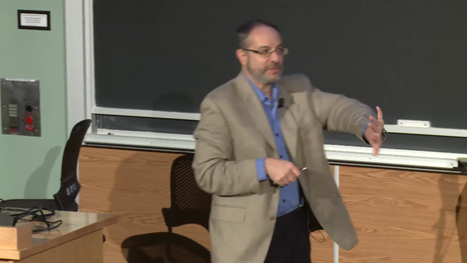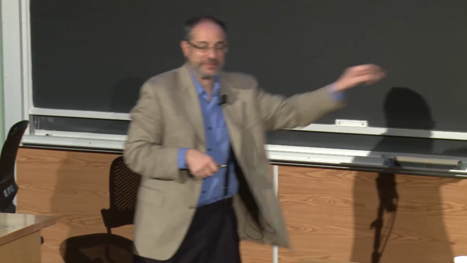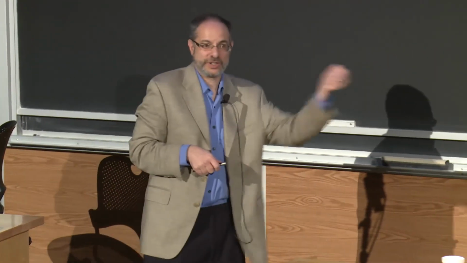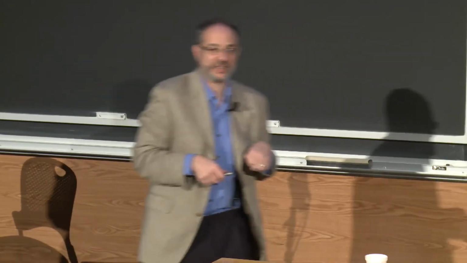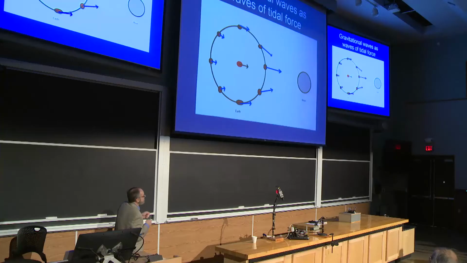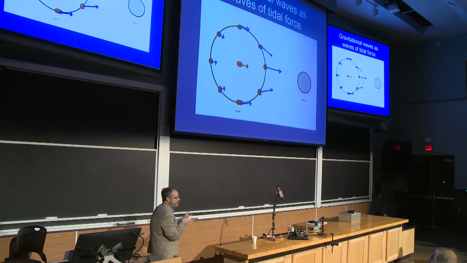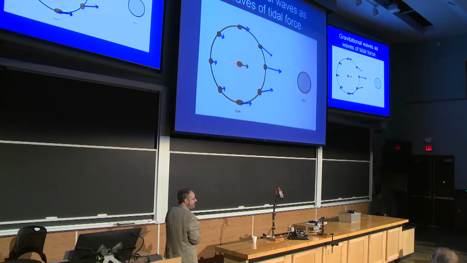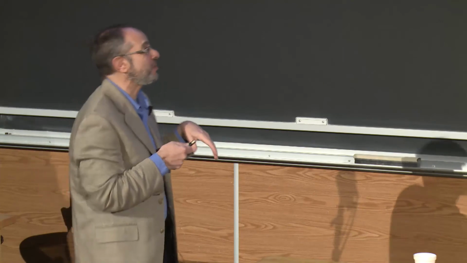So remember, for the electromagnetic memory, even though the electric field is zero after the wave has passed, it still has a residual effect in terms of the kick that it gives to an electric charge. Similarly, it's better to think of gravitational waves not as waves of stretching and squeezing, but as waves of tidal force. So I want to start by explaining to you what tidal force is, and then from that, we'll get a better idea of what gravitational waves are like and about how they can have memory.